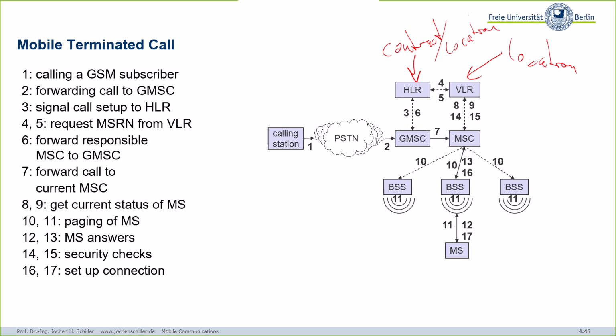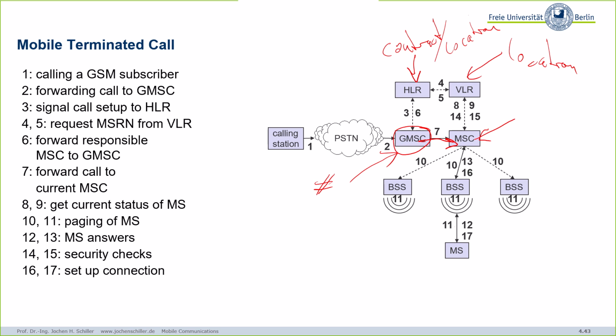Then the GMSC knows your phone number and also the mapping of this phone number to a mobile station roaming number, because you have to forward the call somehow, so the MSC also knows a temporary identity of you. You know a number, so you know at least there is someone.